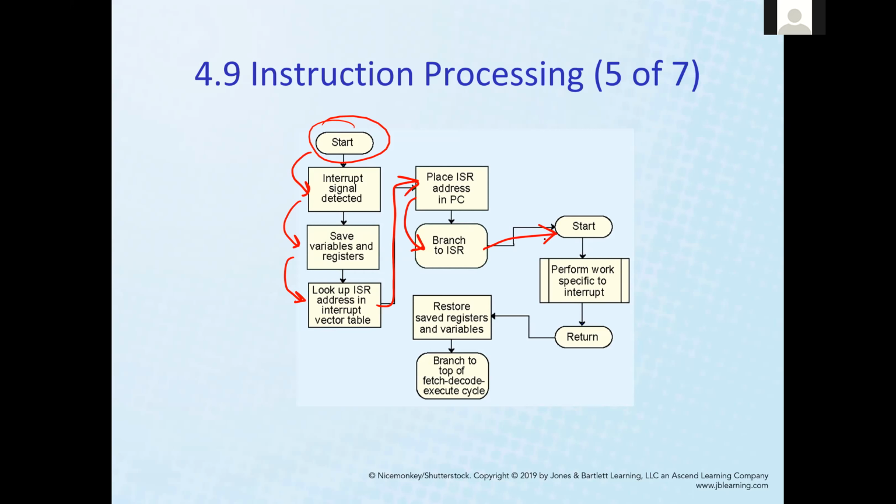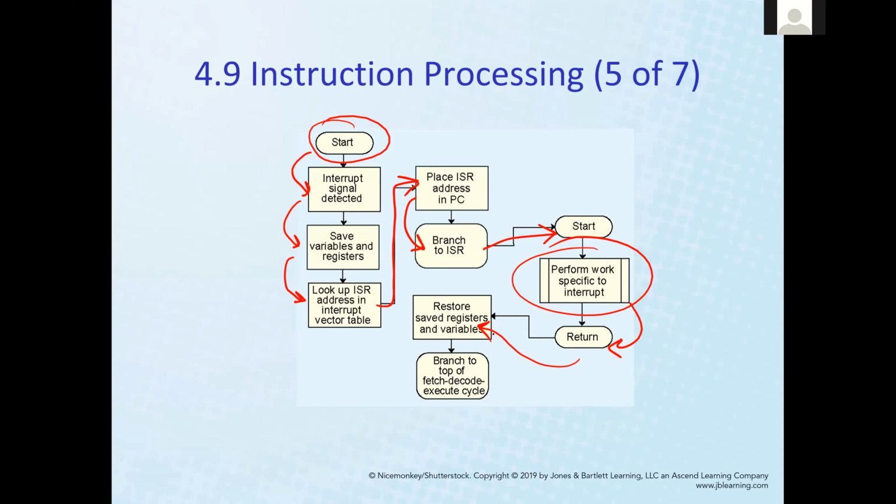When it starts the interrupt routine, based on the type of the interrupt, it performs the work specific to that interrupt. As I mentioned, each interrupt needs different tasks to be done. Those tasks will be performed, and after finishing the interrupt, it will return. Then it restores the registers and variables which were saved, because at this moment the processor wants to continue the original program.